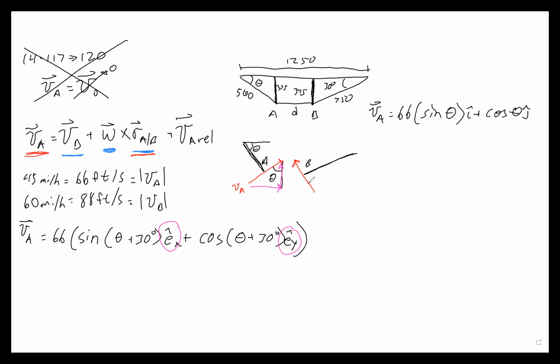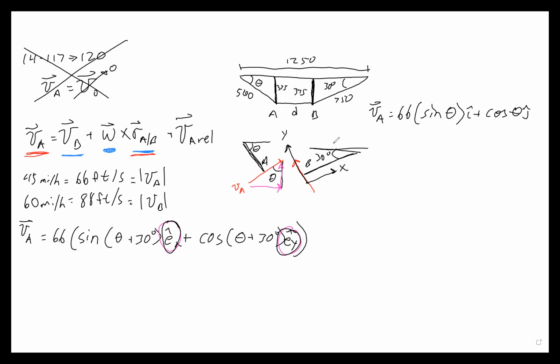And so the axes of orientation for the e hat x and the e hat y are on car B. They're literally on car B and will follow car B's orientation, which means that at this snapshot in time, car B is oriented 30 degrees.